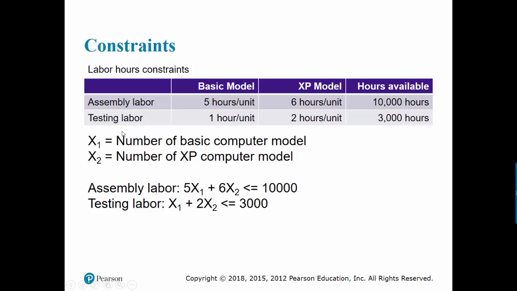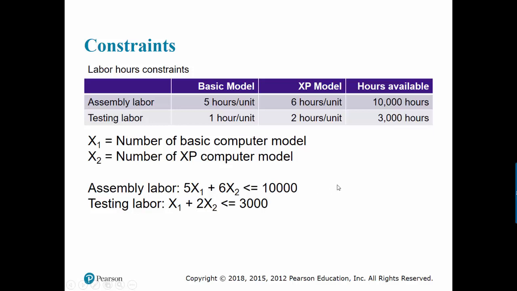Similarly, for testing, we need 1 hour for each Basic, so 1 times X sub 1, just X sub 1, and then 2 times X sub 2. That gives you the total testing labor that we will need, and that has to stay within 3,000. These are the two constraints for labor hours.